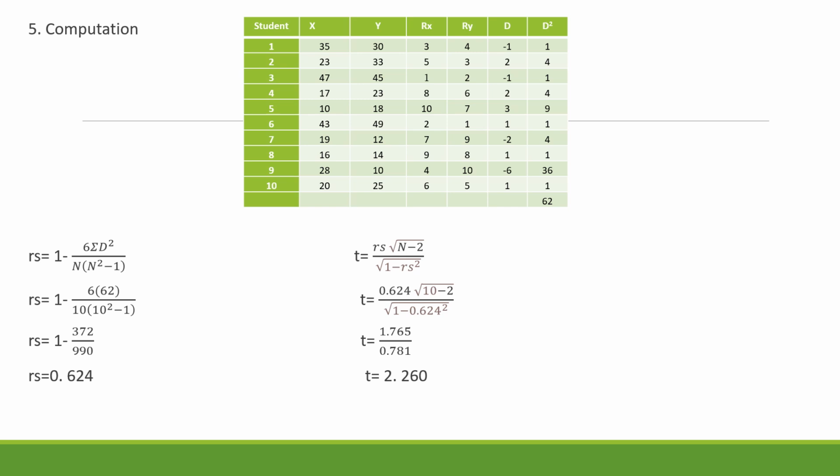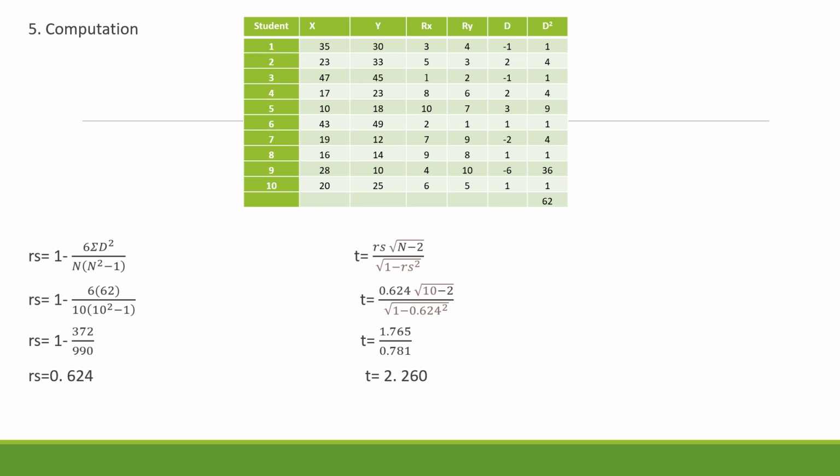For the Rx, it is the rank of X. So here we have rank 1, which is the score 47. Notice that the lowest rank, rank 10, is the score 10, the lowest score. This is what I told you earlier, that Spearman rank correlation has a unique, meaningful rank.